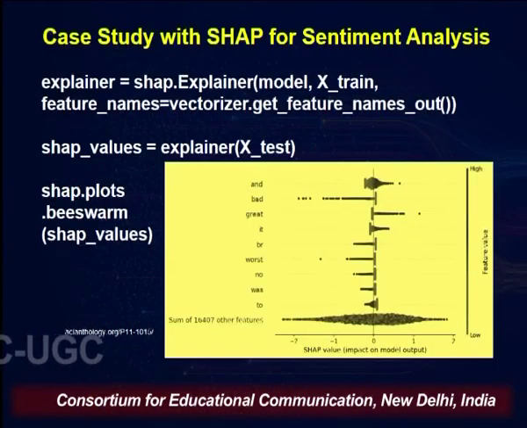So, now we can see the XAI once the model is built and the explainer is used, as we have done earlier also. Here the model is passed and the X_train features are given, and now you can see this plot, which shows that there are certain words that are more towards the negative aspect and more towards the positive aspect.